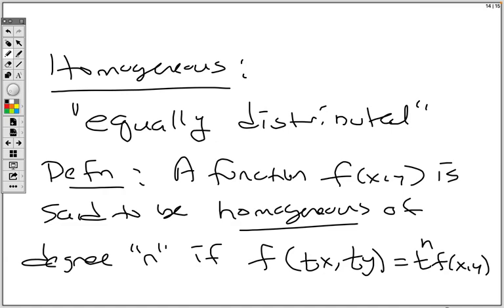So what this is saying is a homogeneous function, the powers are equally distributed. So if you scale x and scale y by the same factor, the result is scaling the whole function by that factor to the nth power. That's homogeneous of degree n. Okay? So think of it as the powers are equally distributed.